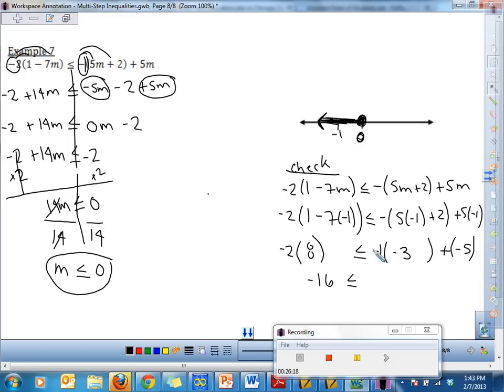Remember, it's like a negative 1. So negative 1 times negative 3 is 3, and 3 plus negative 5 is negative 2. Alright, is this true? Is negative 16 less than negative 2? Yes, that is a true statement. So our inequality is n is less than or equal to 0, and here's our graph.